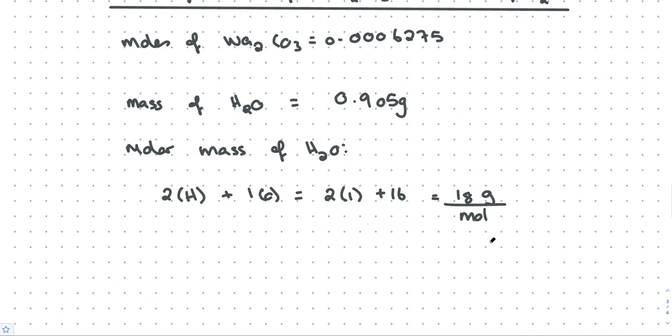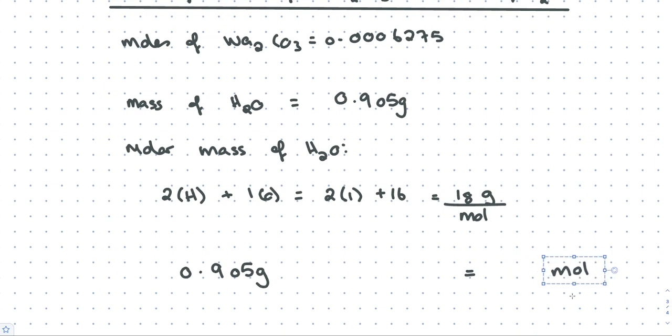Now I need to figure out, how does this combine with this? Do I multiply or do I divide? So I'm going to write down what I have for sure. I've got 0.905 g, and what I want over here is the moles.